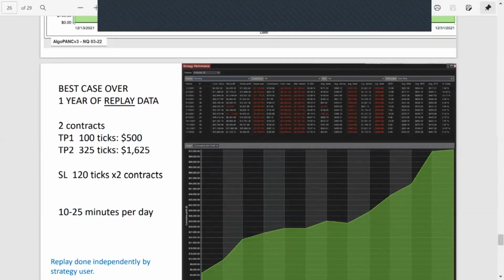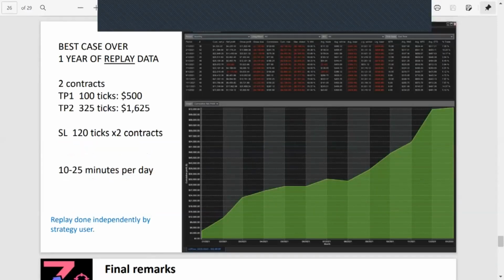So the results speak for themselves, but lately this option of large TP from 100 to 325 has not done well in the last month. So it's necessary to use more conservative targets, for example, 70 ticks to 90 ticks. That way you would have a better result.